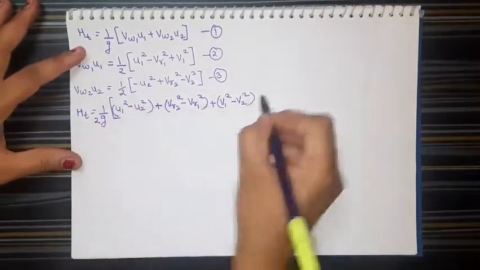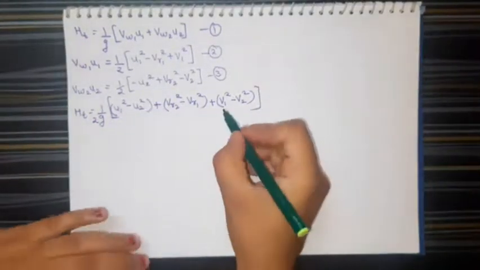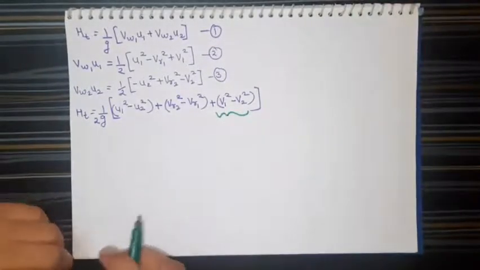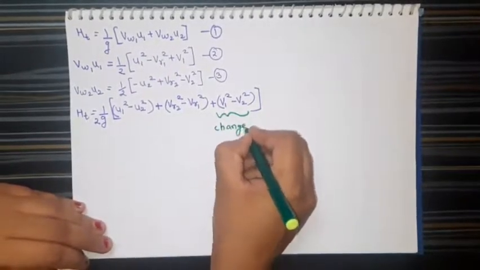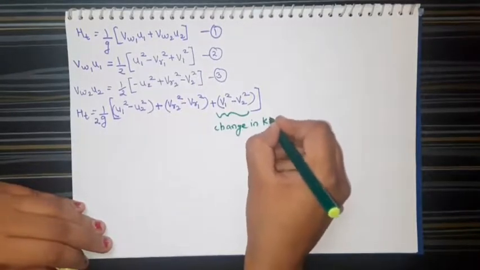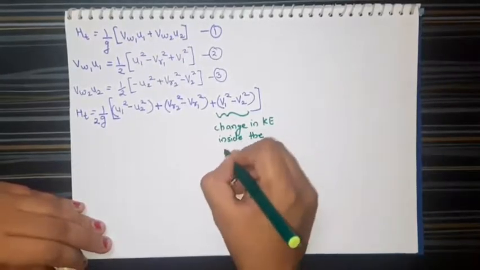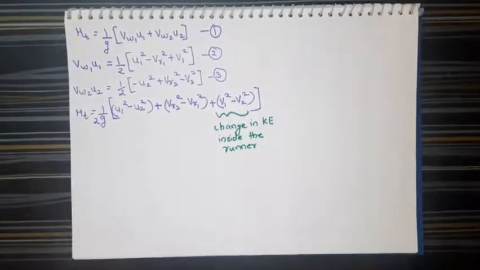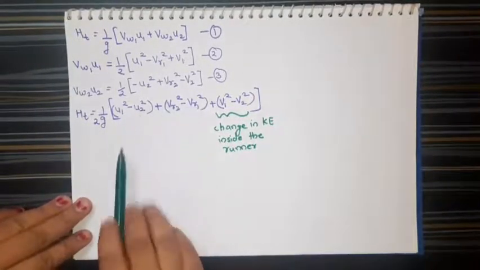Now this term denotes the change in kinetic energy inside the runner. We know very well that in a reaction turbine, part of the total energy is the kinetic energy and the remaining is the pressure energy. So these both terms show the change in pressure energy.